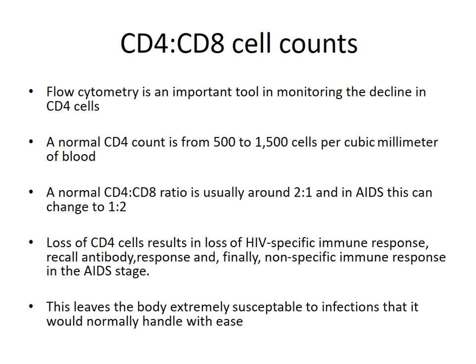So, CD4 to CD8 ratio cell counts. The flow cytometer is an important tool in monitoring the decline of CD4 cells. A normal CD4 cell count would range from, say, 500 to 1500 cells per cubic millimetre. And a normal CD4 to CD8 ratio is usually 2 to 1, but in patients with AIDS, this can change to 1 to 2, and that's a result of decline in CD4 helper T cells.